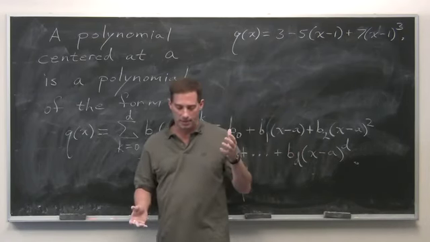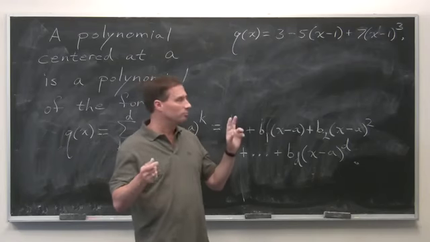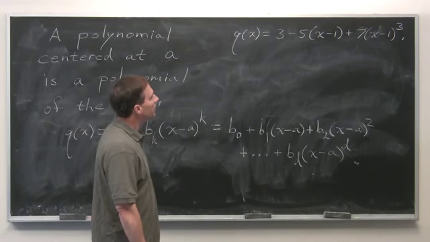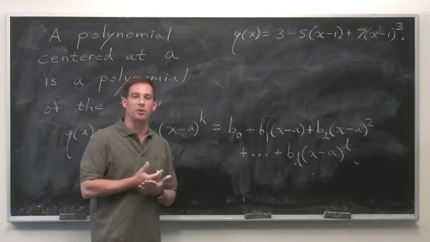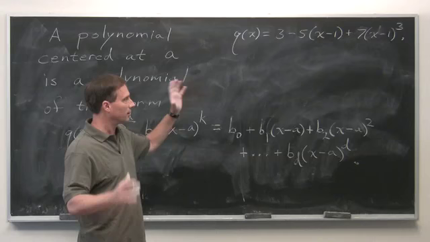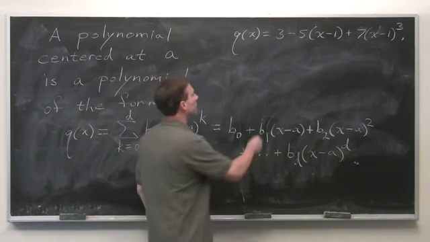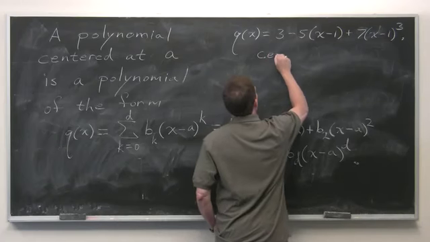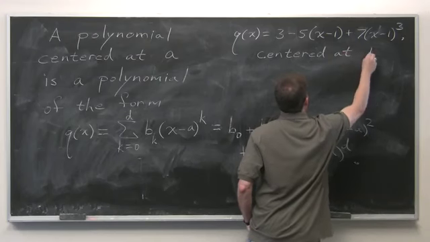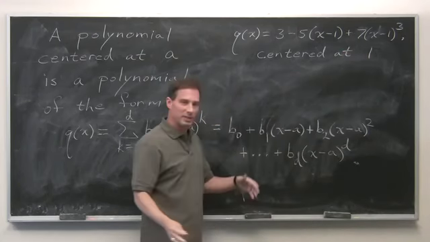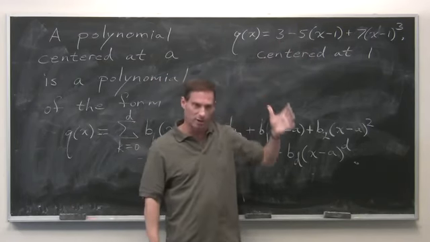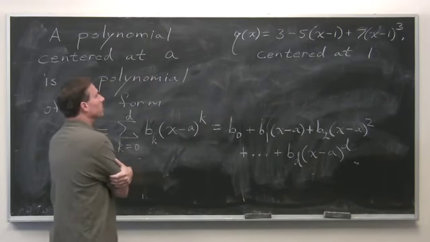That's a different way of writing it, so it's a different polynomial, but it would be the same function. All right, but I'm just going to say polynomial centered someplace, and I'm thinking of it as a polynomial centered at 1. A lot of people would say centered at x equals 1, but that starts to confuse people, because if you put in x as 1, you just get the number 3. What are you talking about? So this is centered at 1.